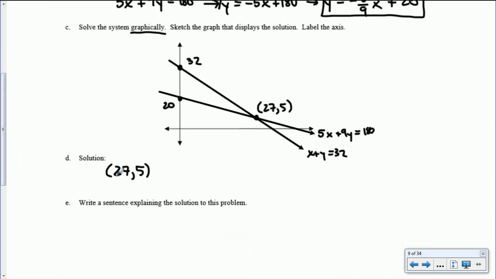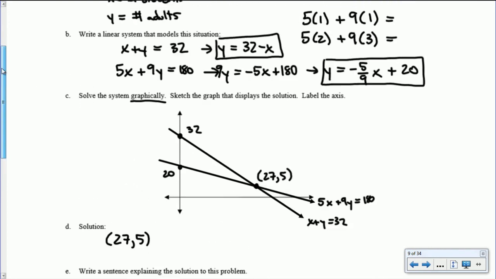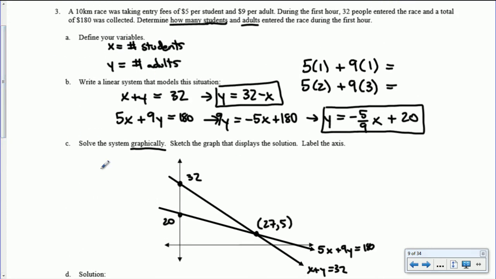So what does that mean? Remember we defined x as the number of students, and the number of adults was y. So the number of students is 27 and the number of adults is 5.